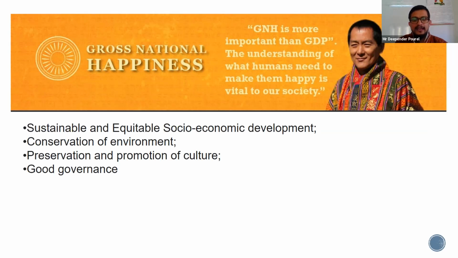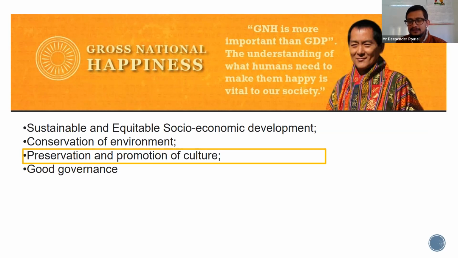Architecture has been a very crucial thing when it comes to the preservation and promotion of culture, because we have a unique traditional architecture which is upheld at all times. Any building design put up for scrutiny to the agencies has to comply with some minimal given architecture guidelines as a way to promote culture.